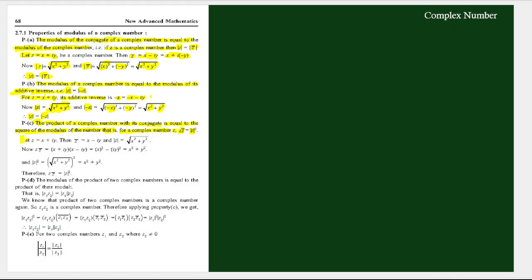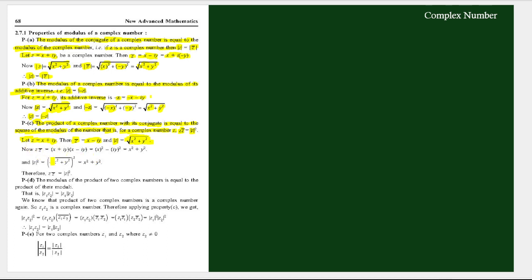So say let z equal to x plus iy, then z bar will be x minus iy. So modulus of z will be root of x square plus y square.